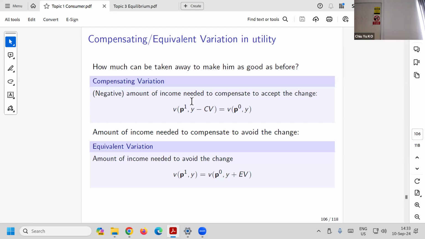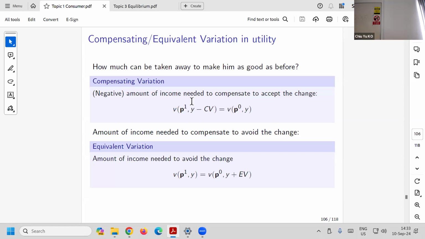The first one is what we call the compensating variation. The definition is very weird, so I will go a little slowly here. Remember, V(p0, Y) is the initial utility. What we want is, under the new price, how much income I can take away from that guy to make him the same as before.